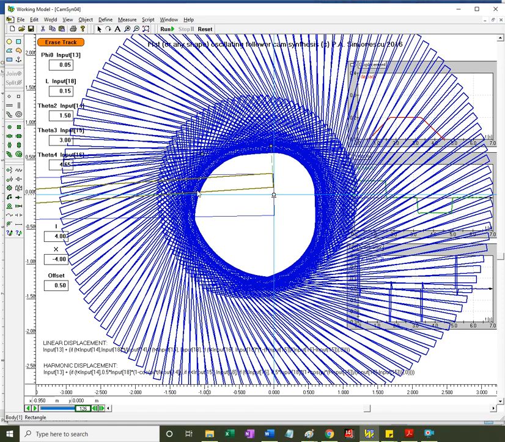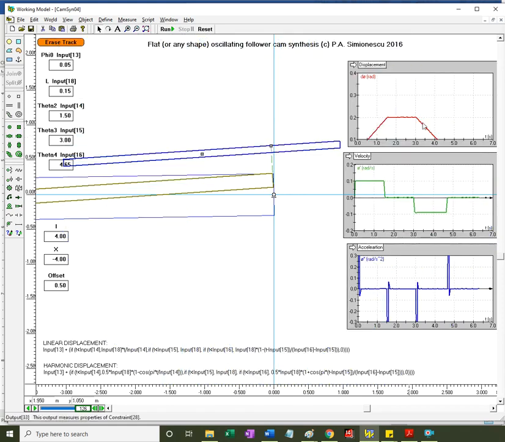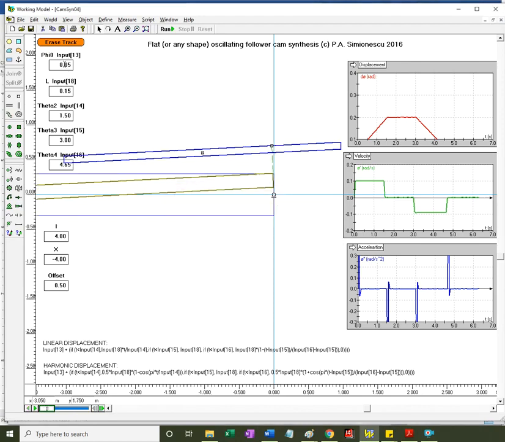So clearly it's not going to generate the desired follower motion. This is again the theoretical one according to this equation, using these as input. But the actual disc cam that results by enveloping the follower is not going to look good.